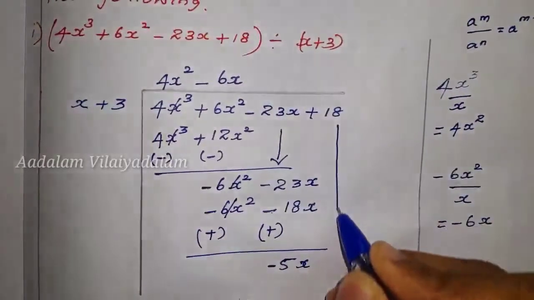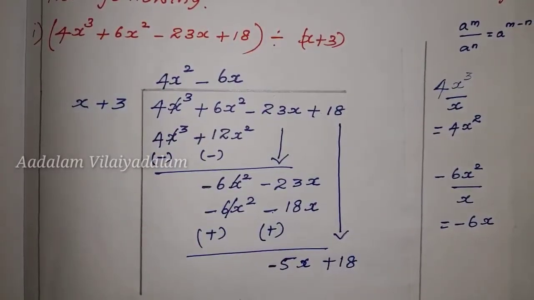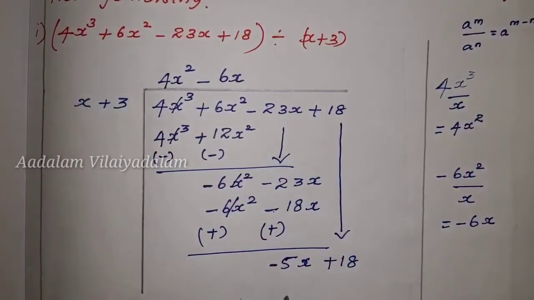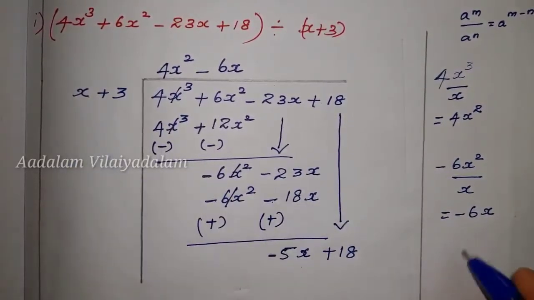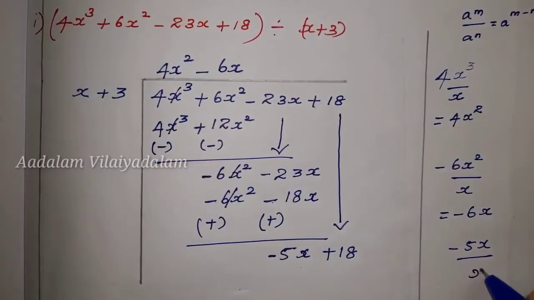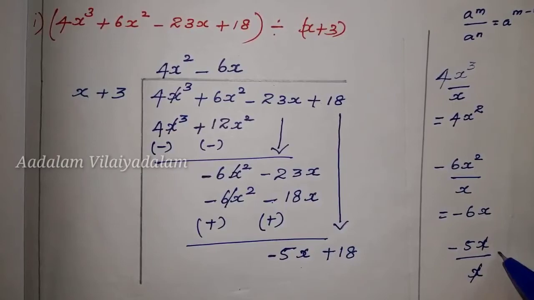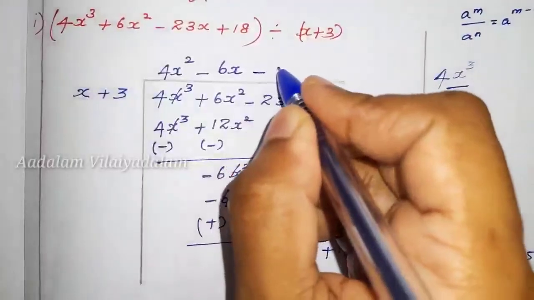Next the last term, plus 18. Next find the quotient term. So here the first term is minus 5x, here the first term is x. So minus 5x divided by x. Now x cancel. The constant value is minus 5. Here write minus 5.